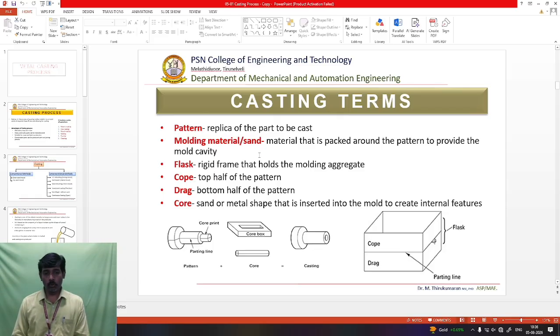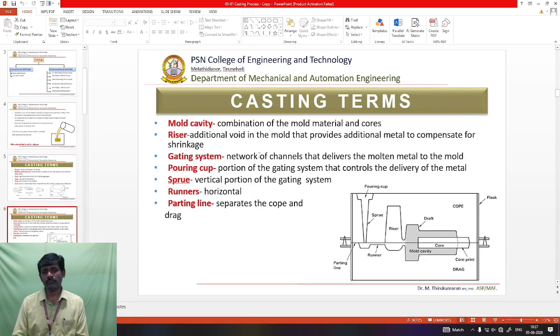Next one is the cope and drag, which are the top half and the bottom half of the pattern. Next one is the core. A core is mostly a sand or metal shape that is inserted into the mold to create the internal features, so a core is used to develop cavities.